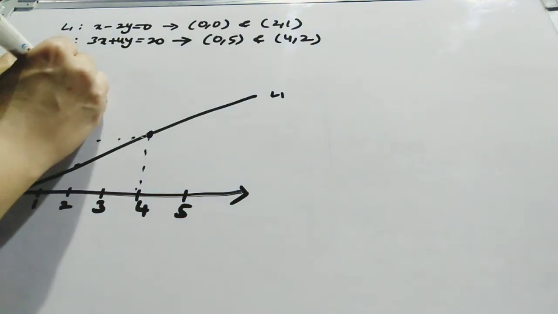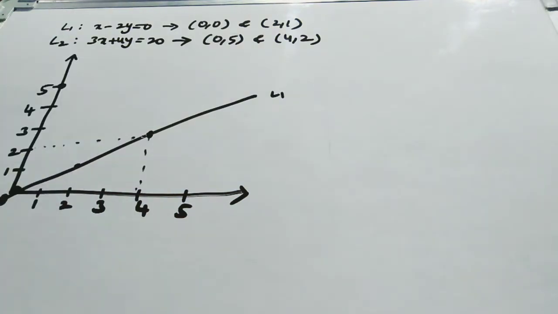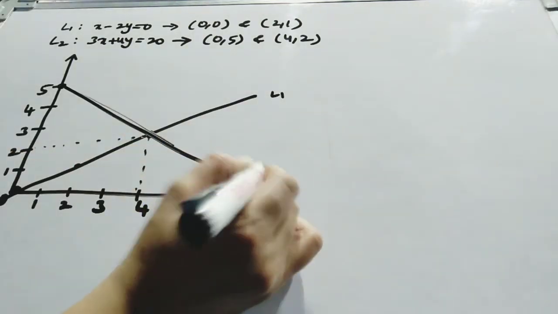Next one is 4, 2. Just join them with a straight line. This is your L2.